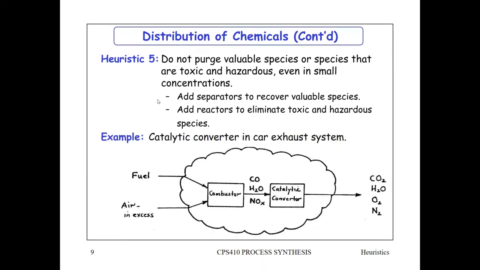Another example, catalytic converter in a car exhaust system. You've got your engine. Let me get my pointer back. We've got an engine, car engine. We've got fuel and air in petrol and diesel engines. The air comes in excess, but when you make these combustion components, you will also be making carbon monoxide and NOx gases.